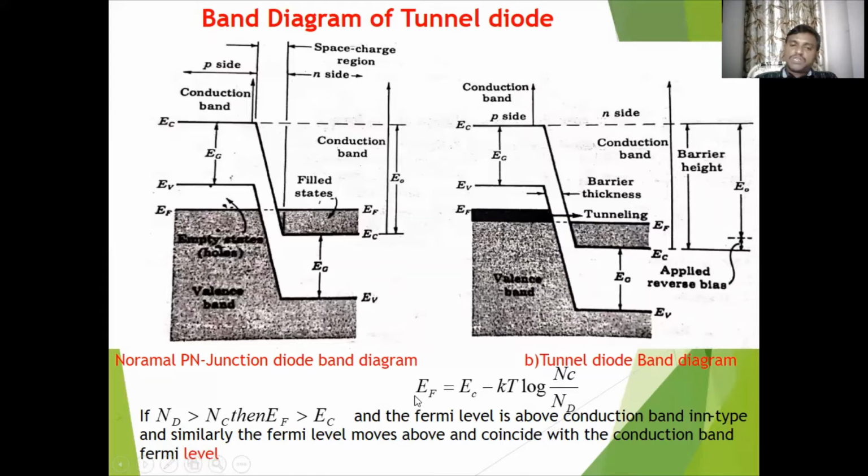So EF is equal to EC plus some positive value, where EC is the minimum energy level of the conduction band. I am representing EF above the conduction band, but here it has to be nearer. The diagram we drew is wrong actually.